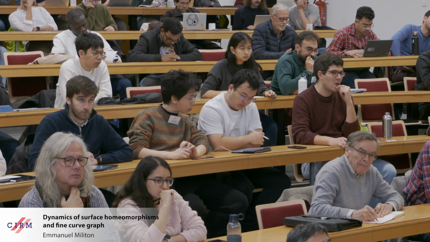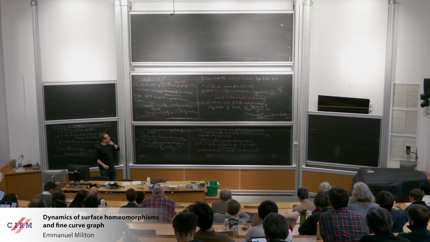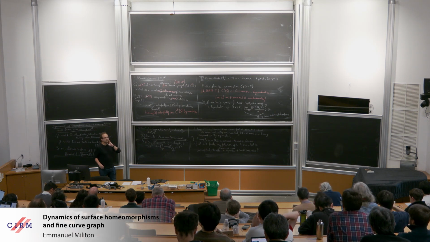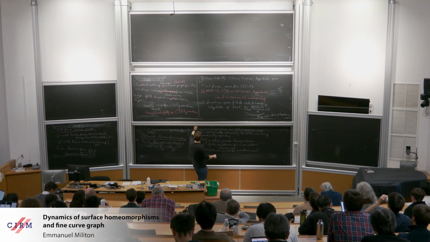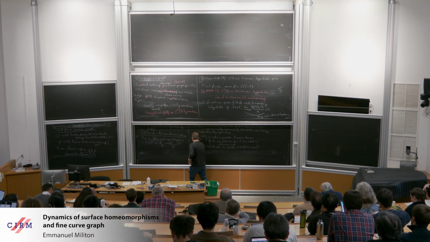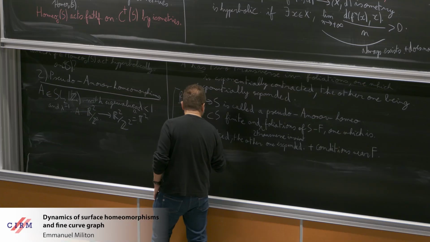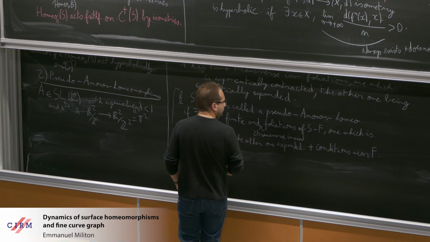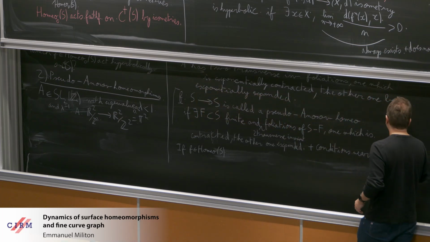I will not state it, but I will state one corollary of it, which I will need in this talk, which is the following. If you take any F homeomorphism of S, okay, I forgot to say, you can also extend this notion to the case with mark points.